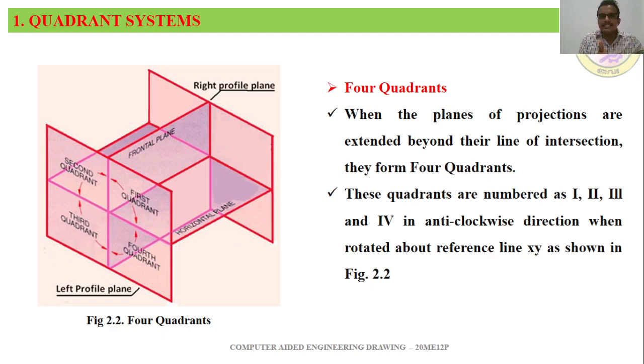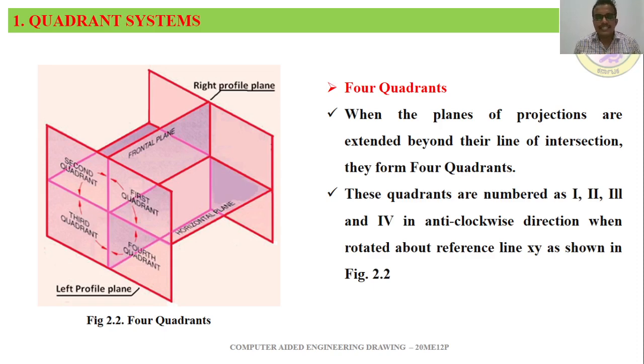By extending this line of intersection we get these four quadrants, and they are named as first quadrant, second quadrant, third quadrant and fourth quadrant, in the anti-clockwise direction when rotated about the reference line XY as shown in figure 2.2.